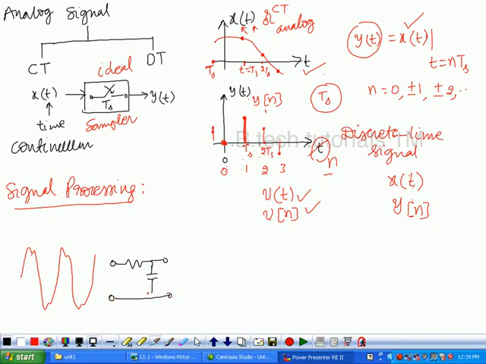Is it a low pass filter? So RC low pass filter. If you transmit this through an RC low pass filter, what will be the output?